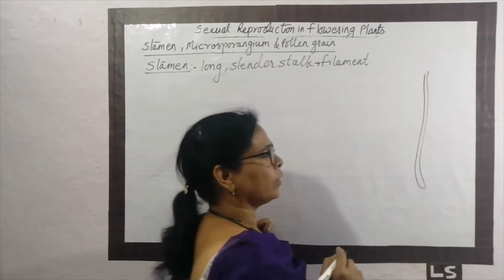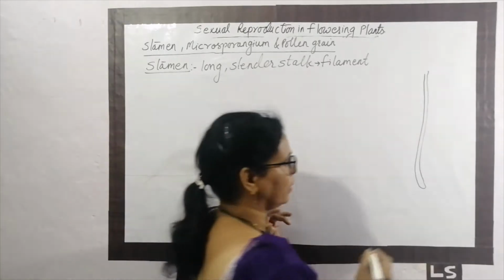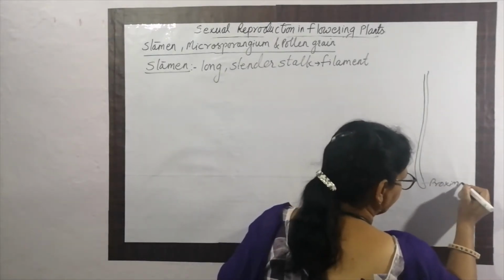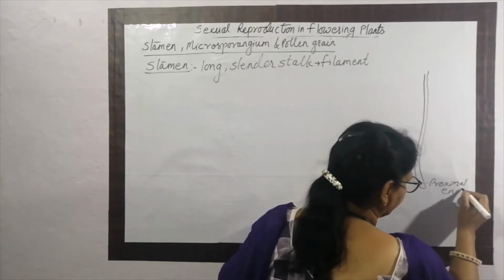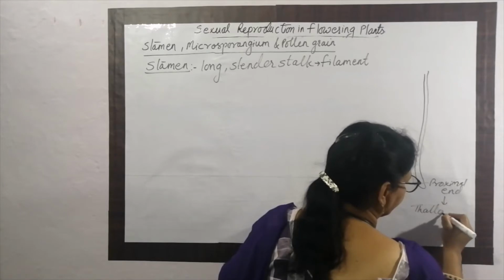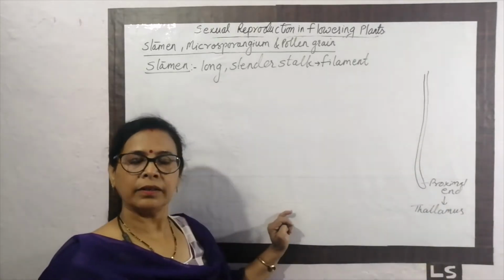The upper end is called the terminal end and the lower end is called the proximal end. This proximal end is embedded in the thalamus.